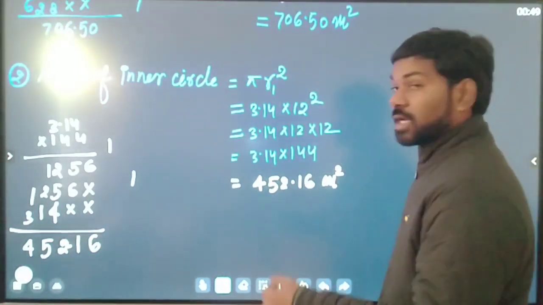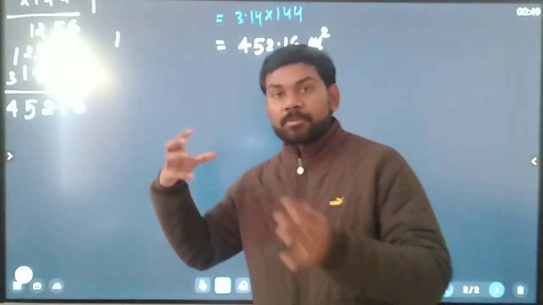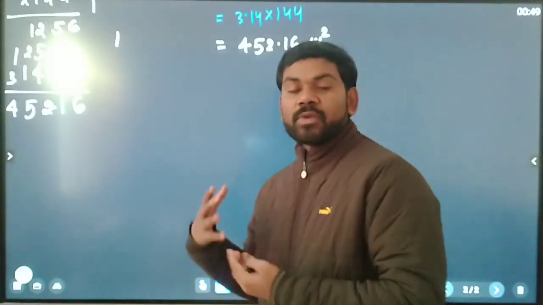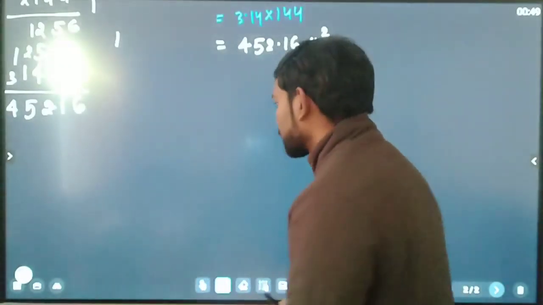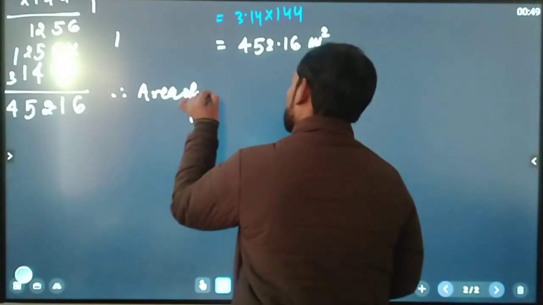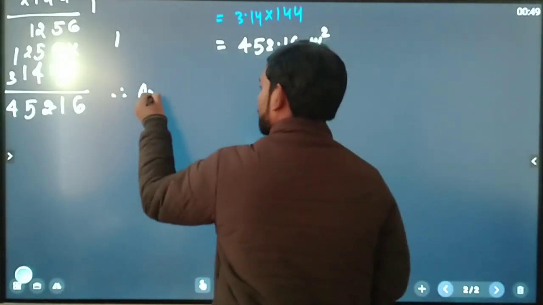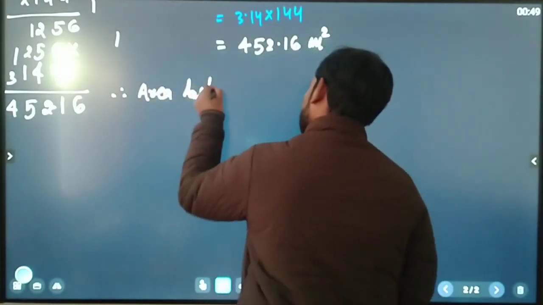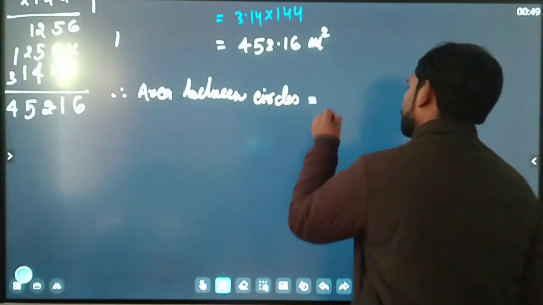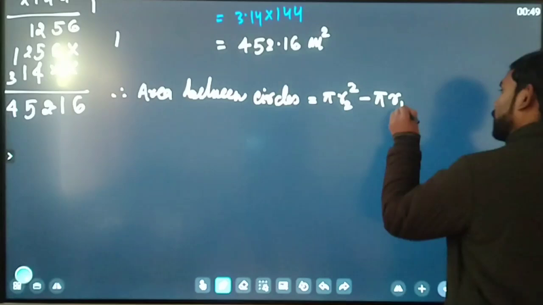Now let's find the area between them. Since the area between them is found by subtracting the area of the inner circle from the area of the outer circle, therefore, area between circles is equal to pi r2 square minus pi r1 square.